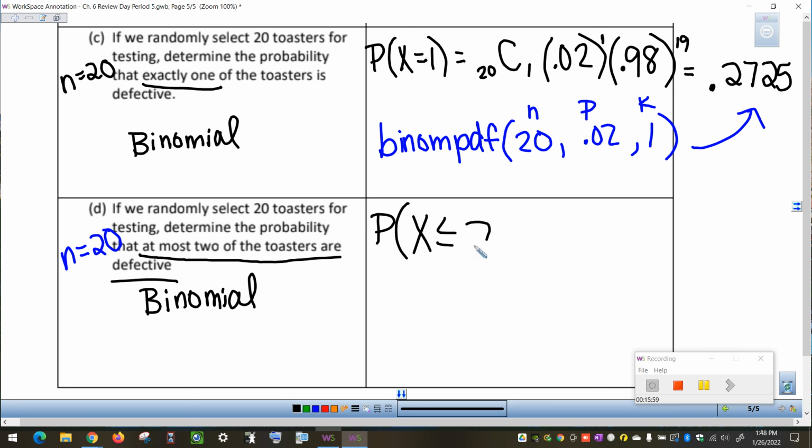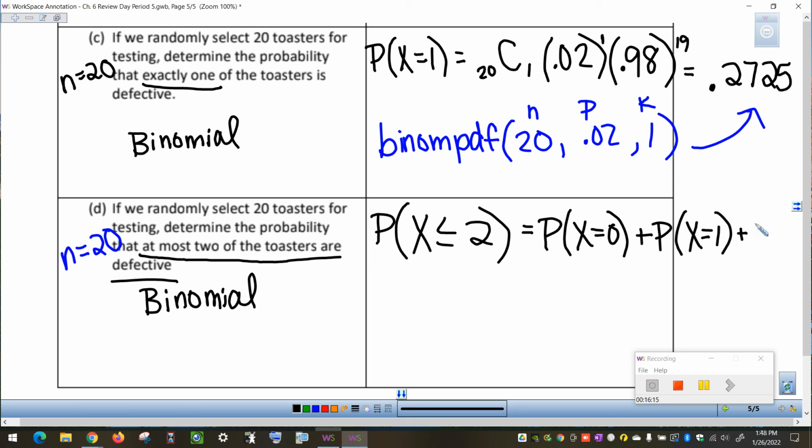So the probability that at most 2 are defective, this is going to be that x has to be less than or equal to 2. Well, this is really the probability that 0 are defective, plus the probability that 1 is defective, plus the probability that 2 are defective. Now, we already know the probability that 1 is defective. That's what we did in the first part.